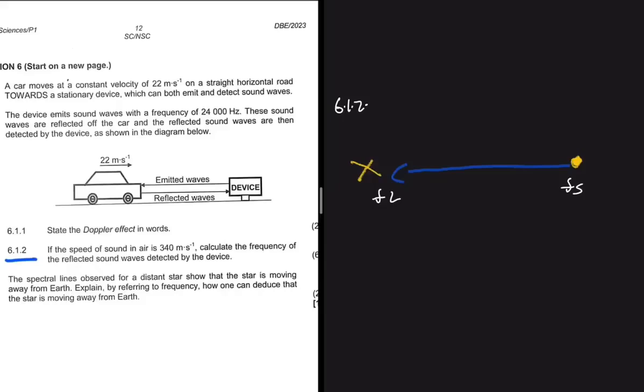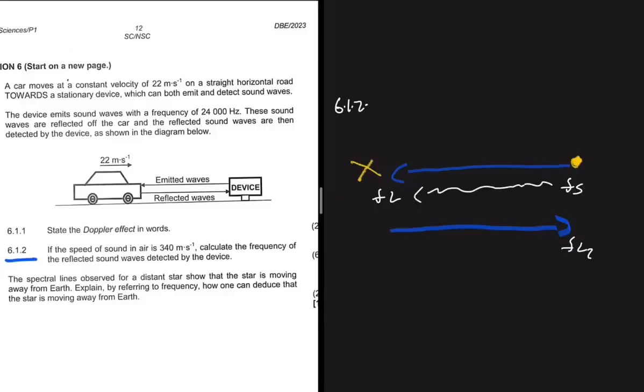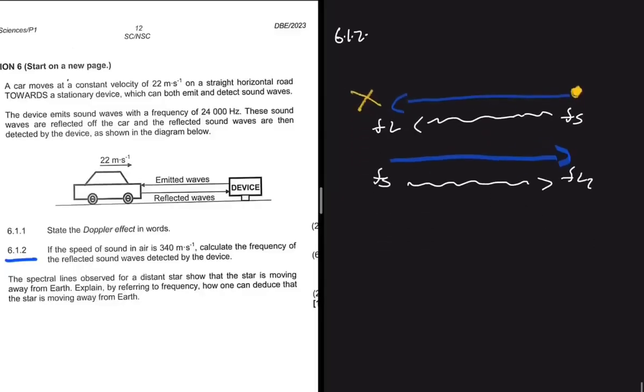From that frequency, the car now reflects it and sends it back to the device, so we have FL2. You can use this Fs to find FL, and when you find that FL, it becomes the Fs that the device is going to detect. Am I making any sense? Let me show you what's going on.